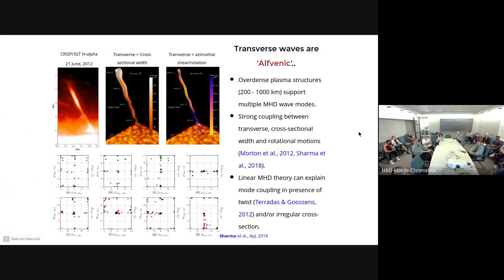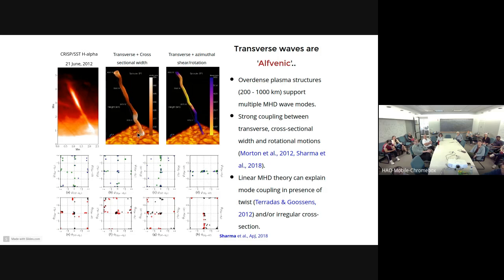So Alfvénic also means that we have other kinds of waves, depending upon the phase speeds, whether fast, slow, or Alfvén modes, which are coupled together because of the inhomogeneous solar atmosphere. The different kinematic modes that we observe are also coupled together. Here we have an example of a spicule observed using the Swedish Solar Telescope in the H-alpha wavelength.